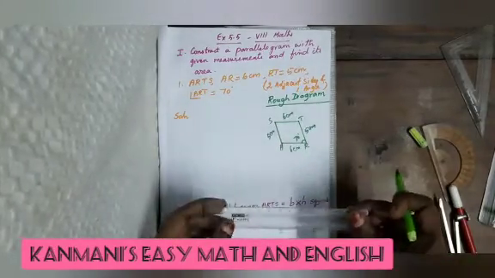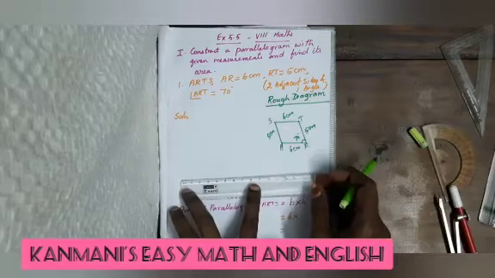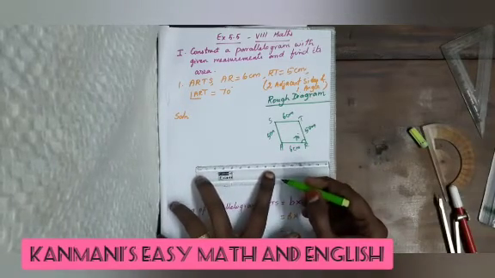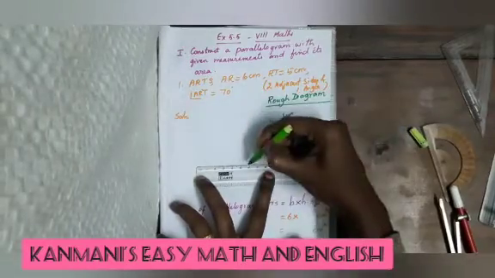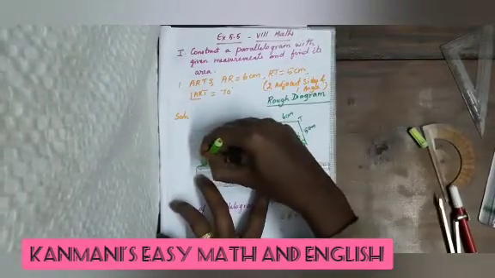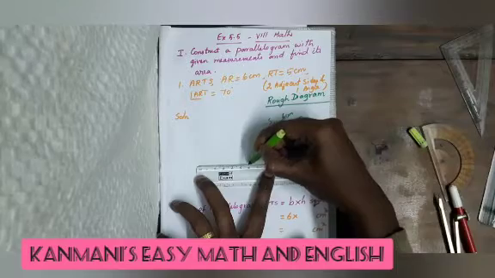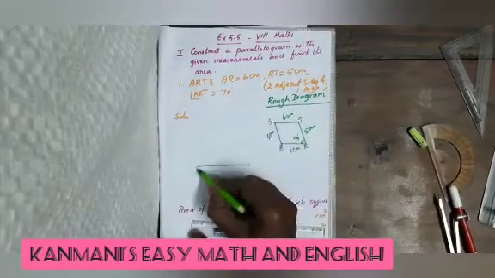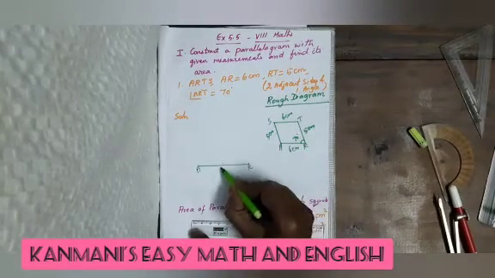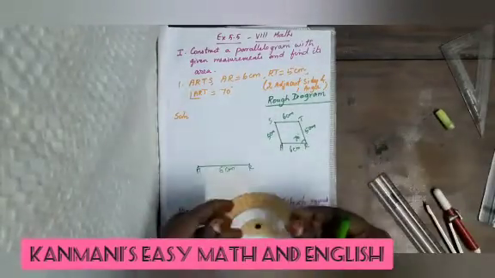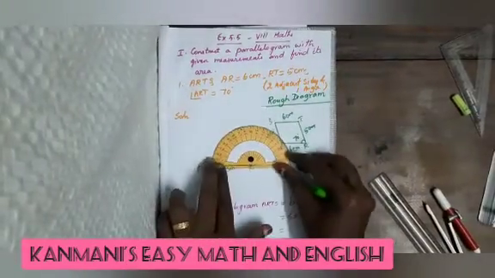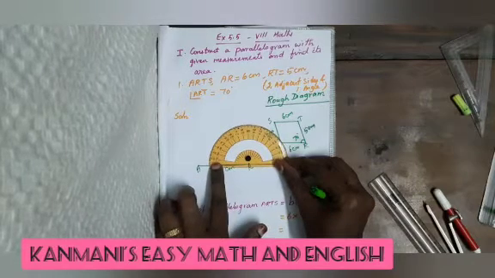Now let us move on to the main figure or pair diagram. So let us first draw the base. AR is equal to 6 cm. Now we are going to mark 70 degree acute angle at R, because ART is 70 degree.